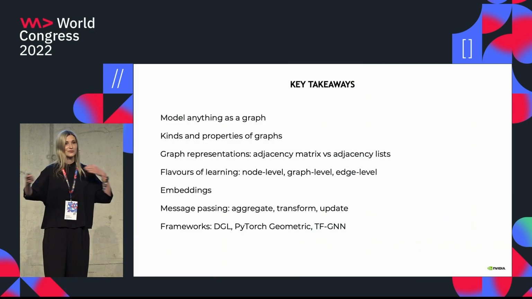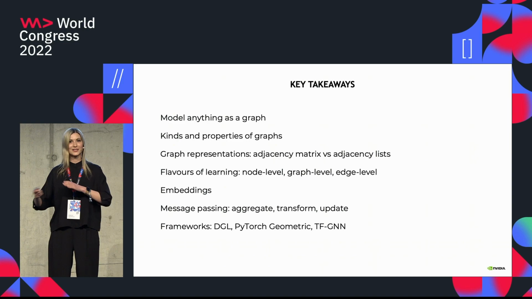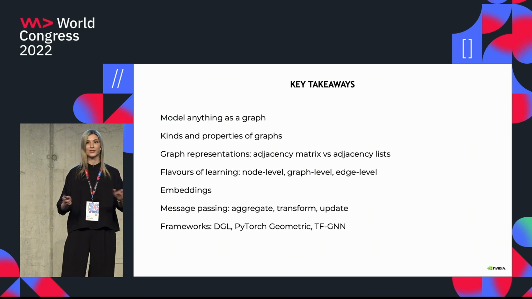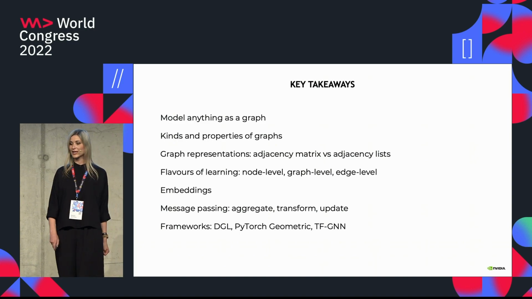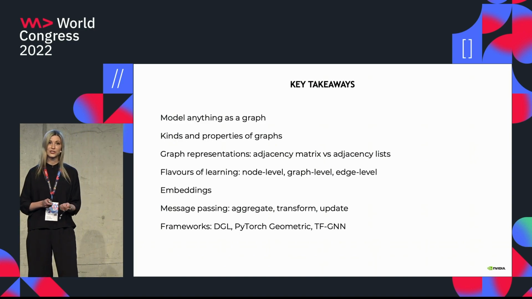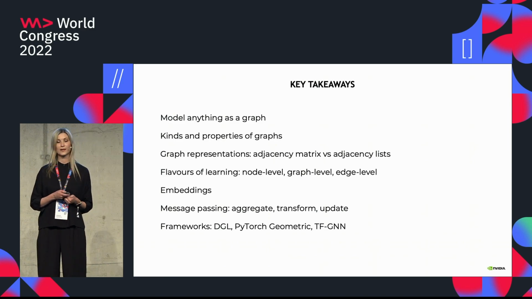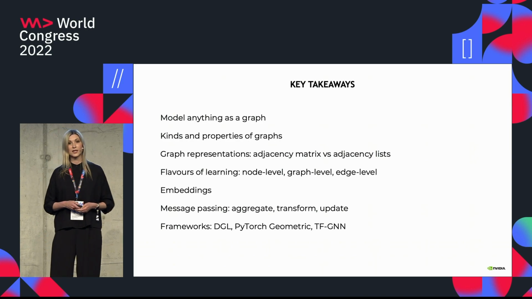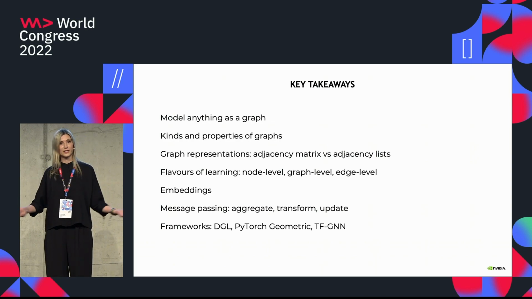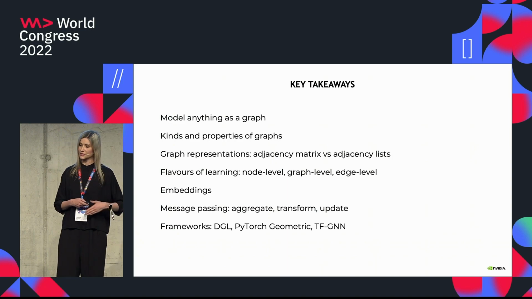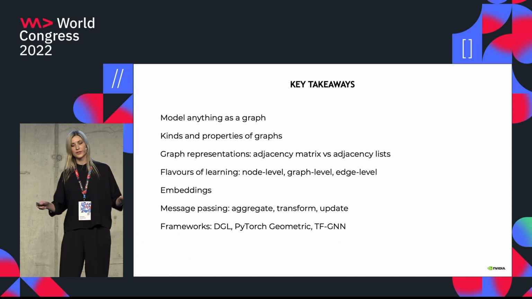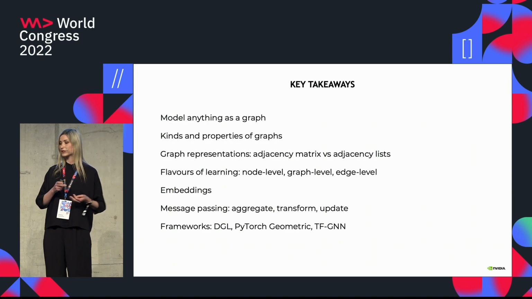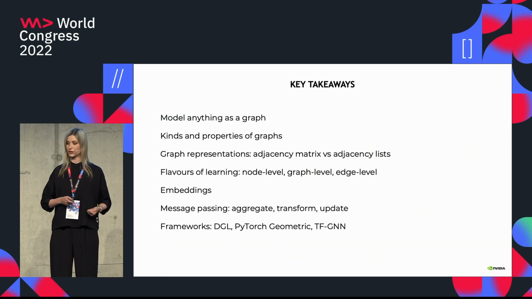With that, let me just wrap up my talk. So these are the key takeaways I want you to bring home. First of all, we've learned that you can model anything using graphs, and these graphs can have different structures and different properties. We have learned that you can represent graphs by an adjacency matrix, but also, maybe for larger sparse graphs, it's better to use an adjacency list. We've learned about flavors of geometric learning, and that we can have node level, graph level, and edge level predictions.